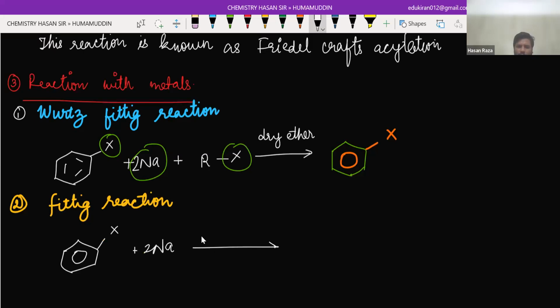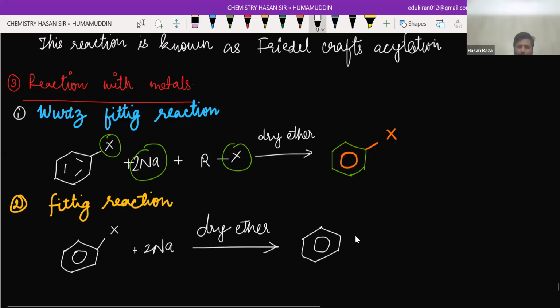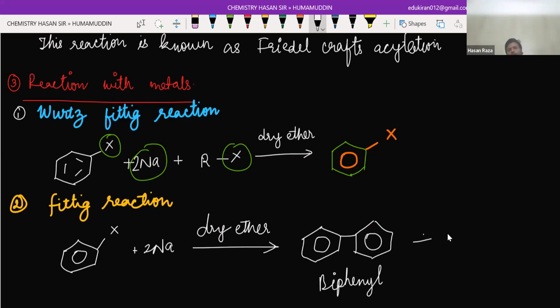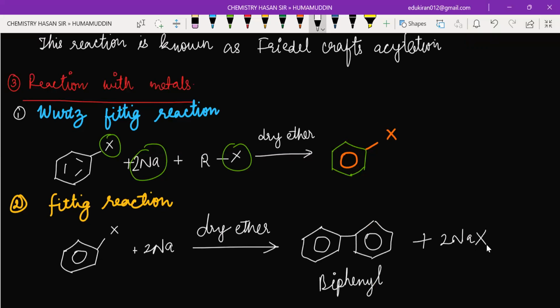In the presence of dry ether, biphenyl will form, plus 2NaX. It is similar to the Wurtz reaction, which is for alkyl halide, and this is for aryl halide.